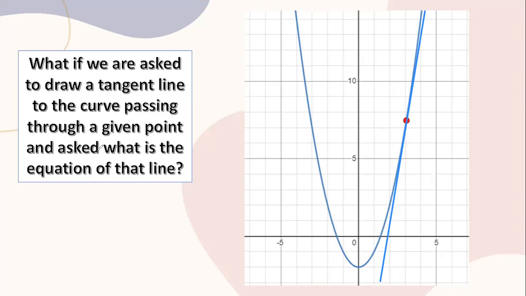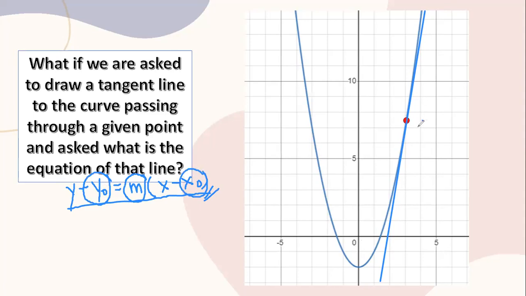So, kanina, we have the point slope form, di ba? So, y minus y sub 0 is equal to the slope multiply to x minus x sub 0. So, we will be using this point slope form to find the equation of that line or that tangent line. Pero hindi tayo given ng slope, okay? But given sa atin yung x sub 0 and y sub 0.